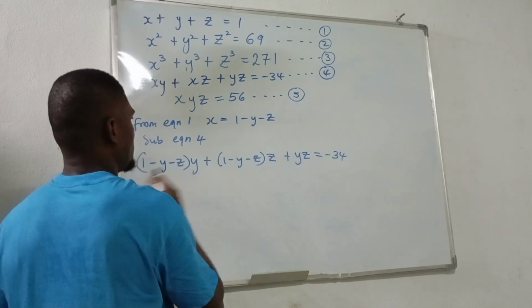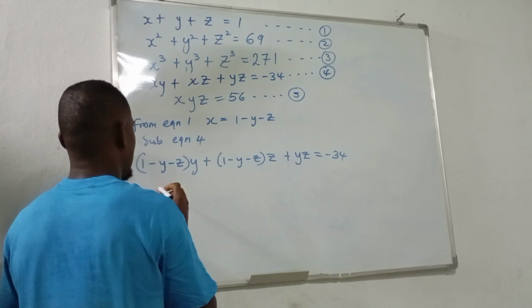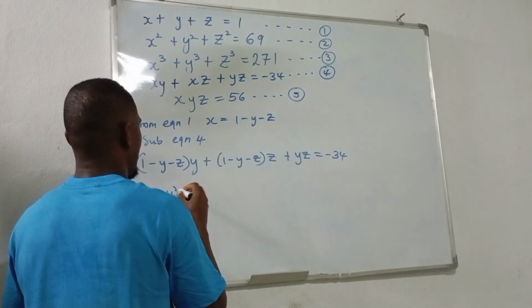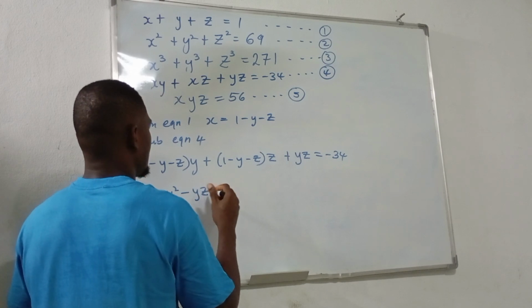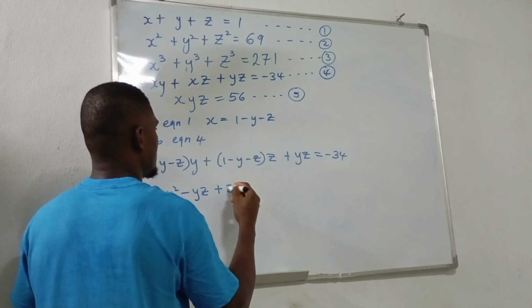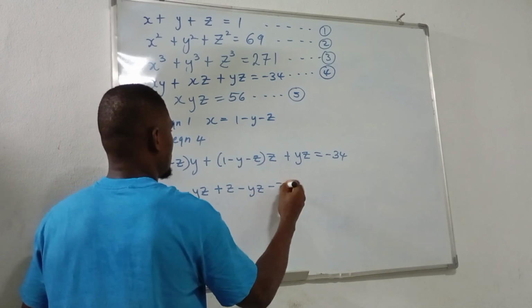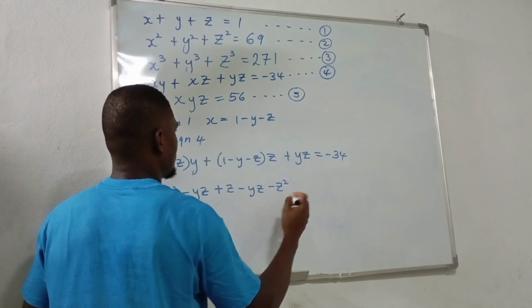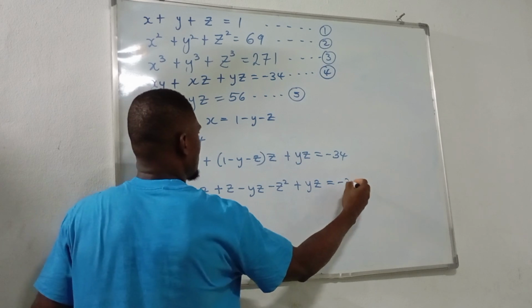And here we're going to expand this out. So we're going to have here y minus y squared minus yz plus z minus yz minus z squared plus yz equals minus 34.